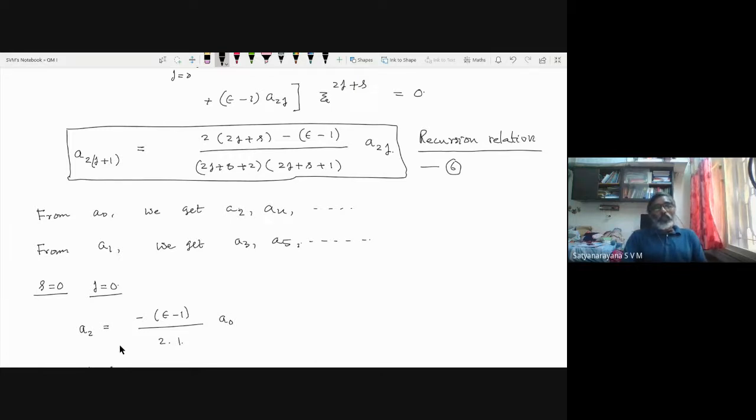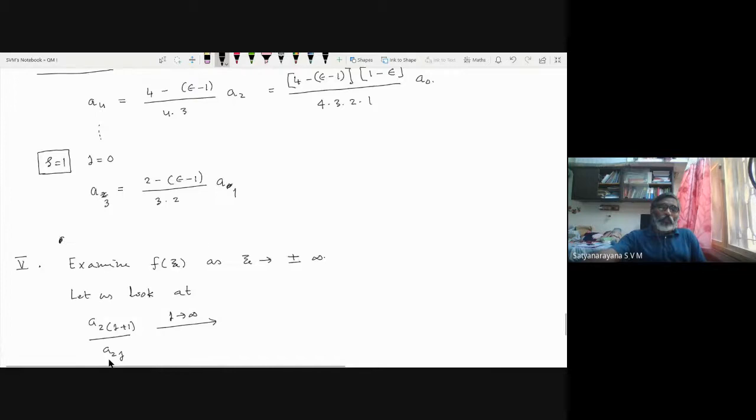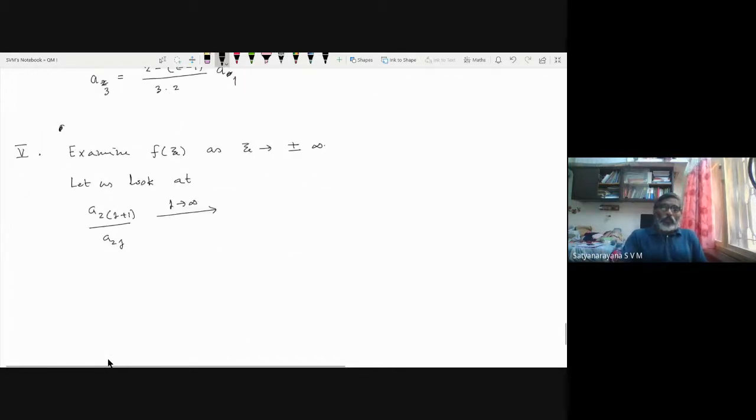And here you have 2j and here you have 2j, this is 2j the whole square, correct? So 4j square. So this becomes 4j divided by 2j the whole square, which is equal to 1 by j.